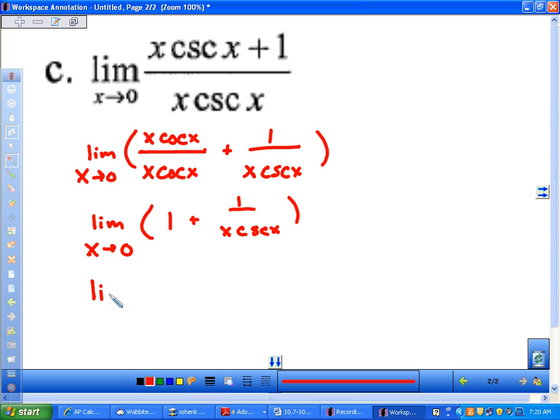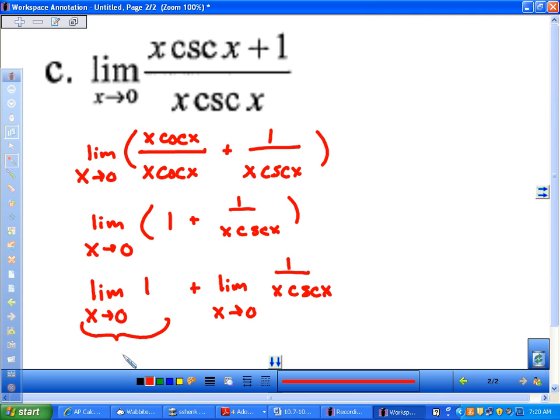Again, if we wanted to, we could split this into two limits: the limit as x approaches 0 of 1 plus the limit as x approaches 0 of 1 over x cosecant x. This one's taken care of now. This one over here is fine. No matter what x is approaching, we've got a constant. This over here is always going to be equal to what? 1. Yep, that's always going to be equal to 1.